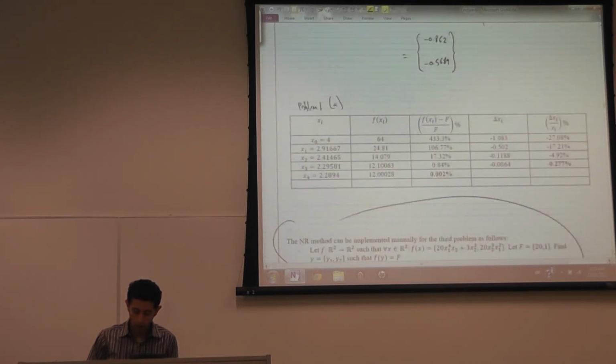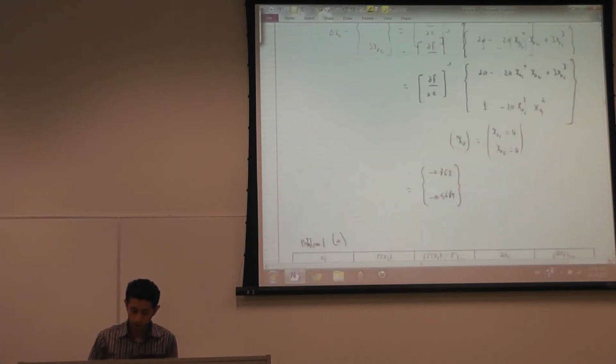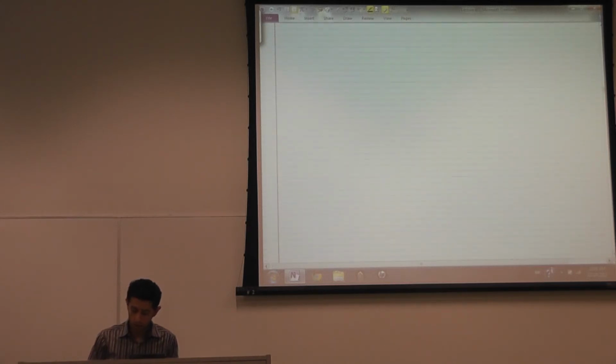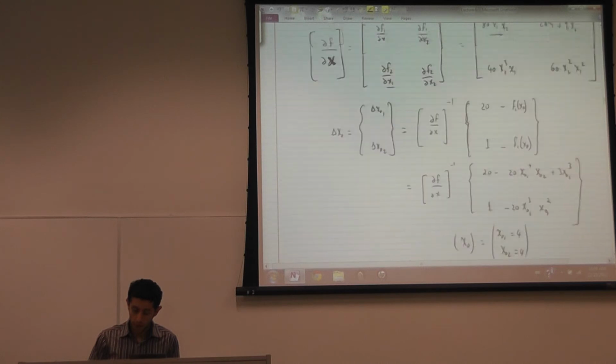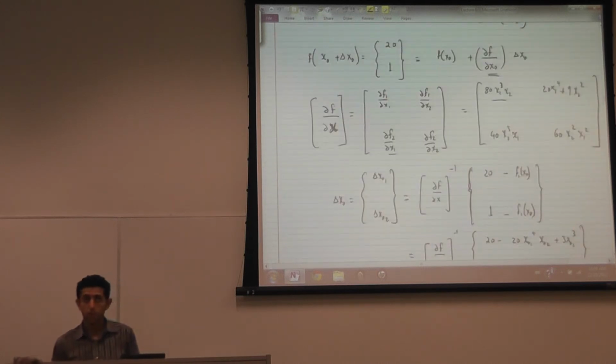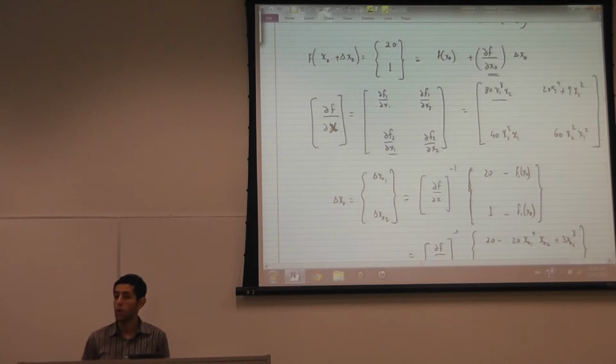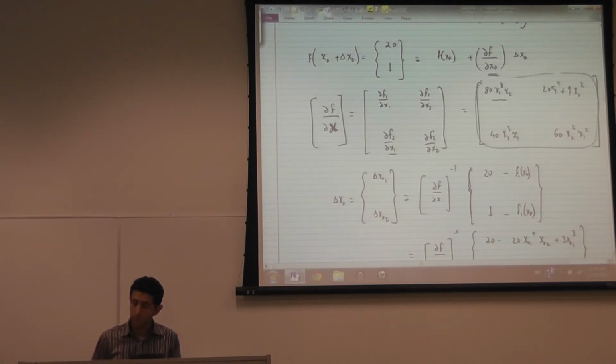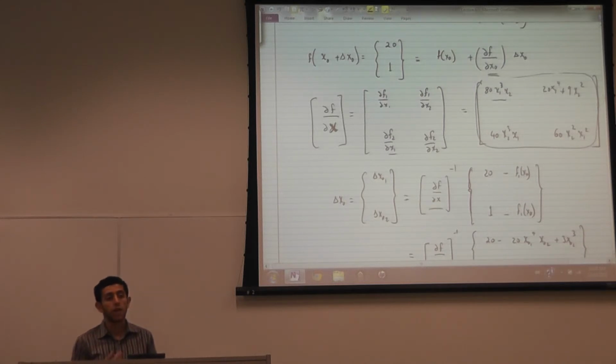Every time we come up with a new solution, or a new approximation, you have to calculate this matrix at the new point, and then invert it. Then you find a new approximation, then you calculate this matrix, and then you invert it. Every time you find the new matrix, and then you invert it.